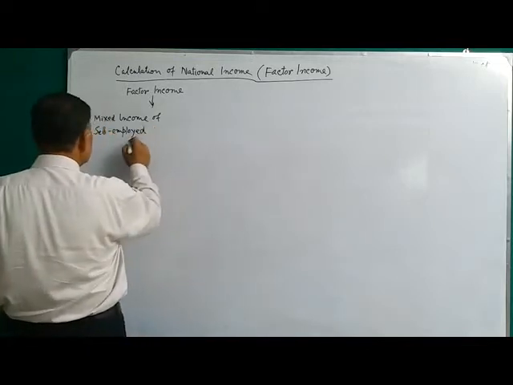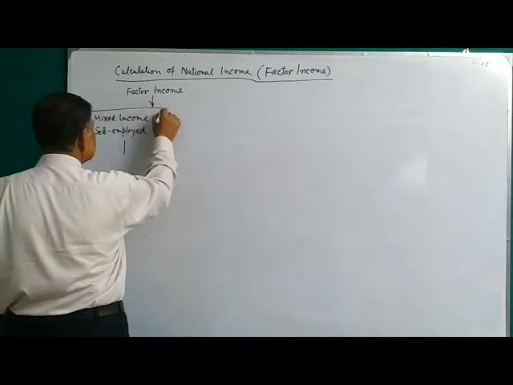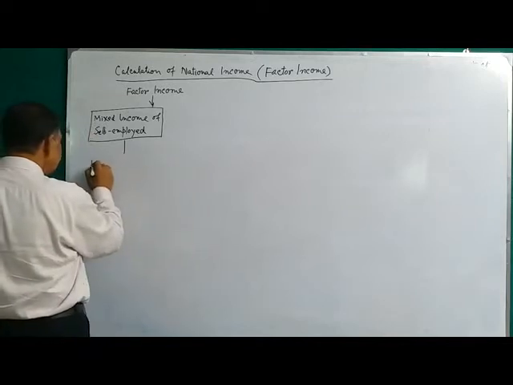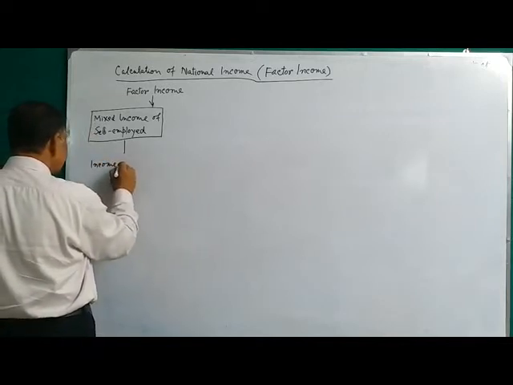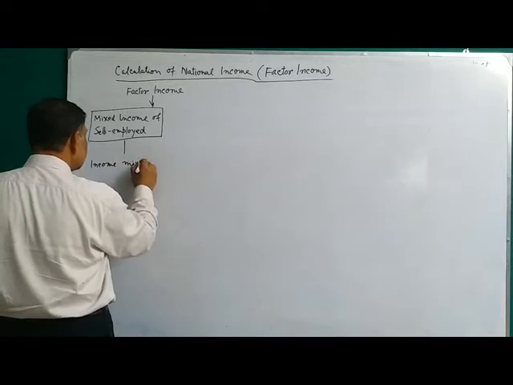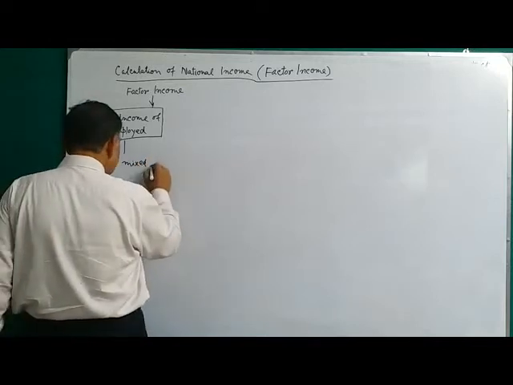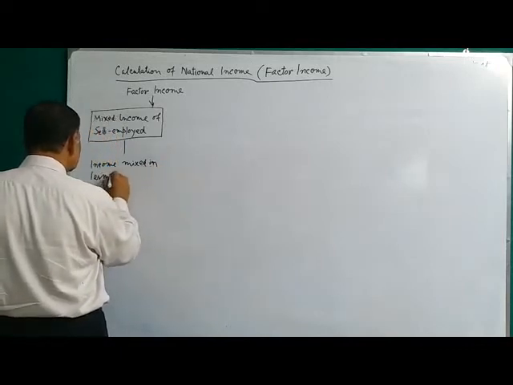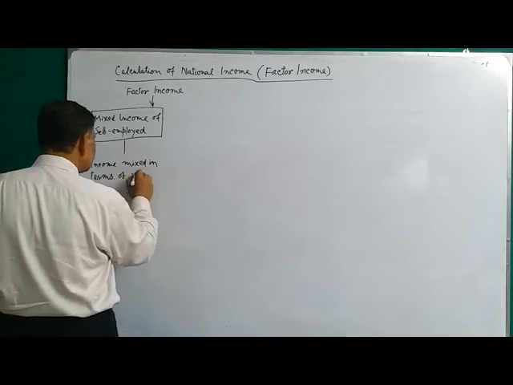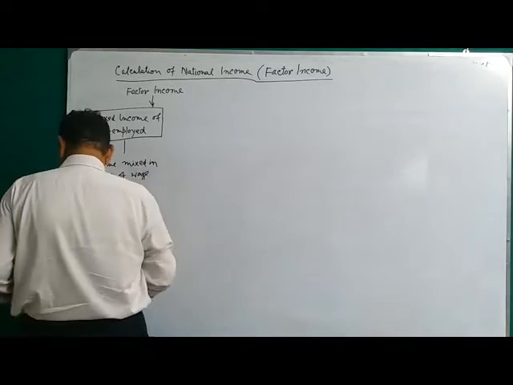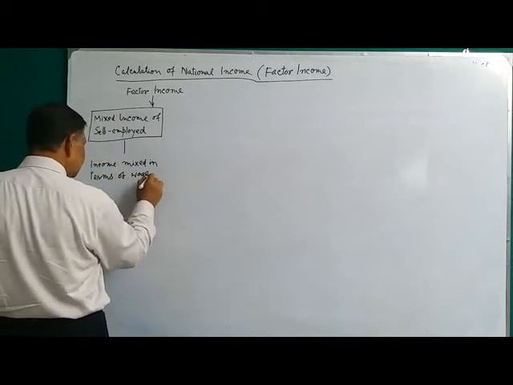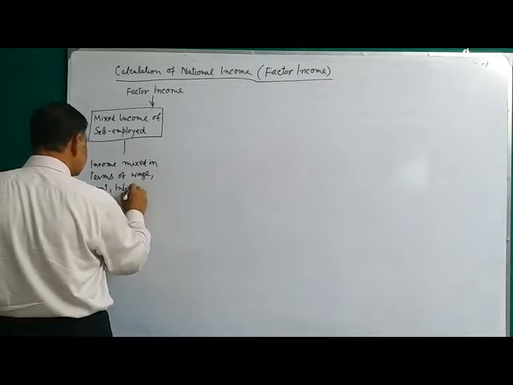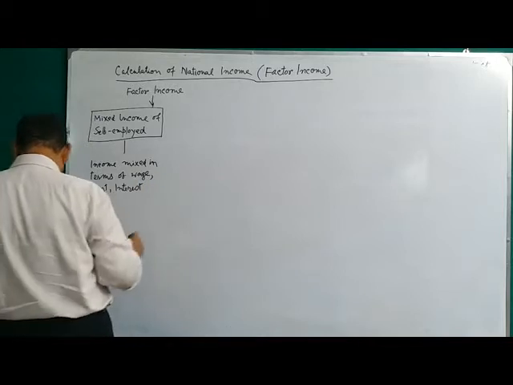It means, suppose this: what are the items that will come under this? Mixed income in terms of wage, rent, interest, and profit.